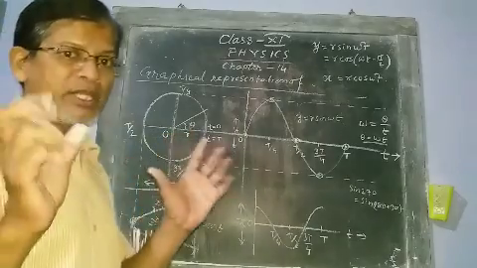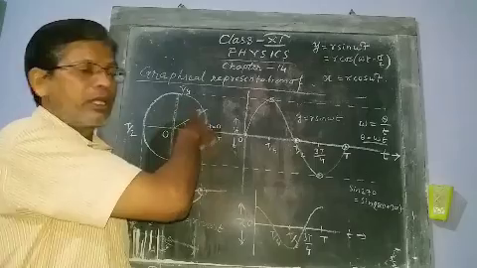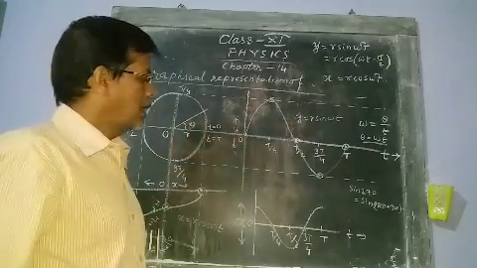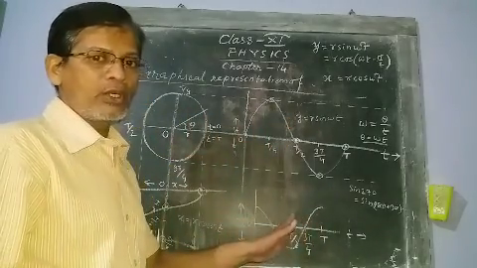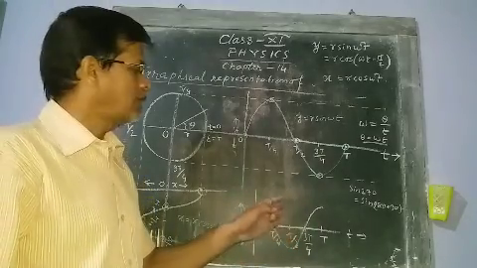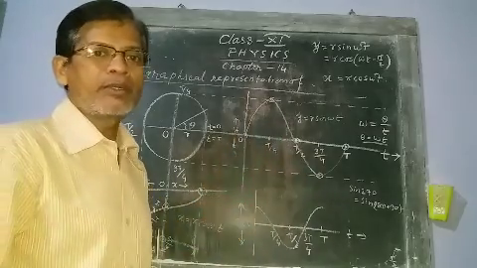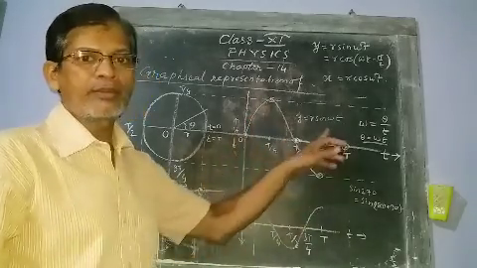Its simplest representation is by comparing with the circular motion. By mathematics we find the values and then represent them in a graph.